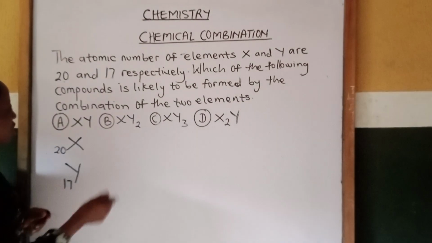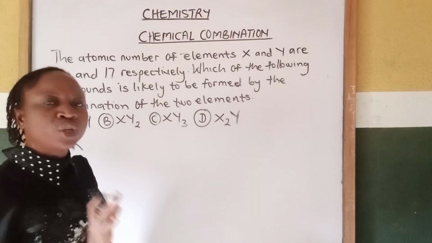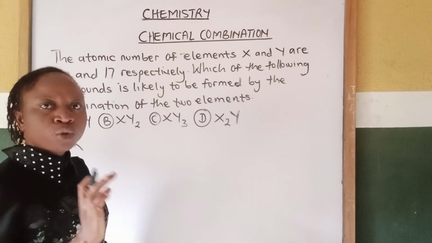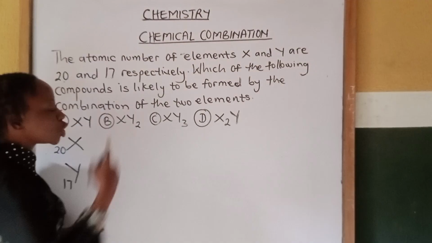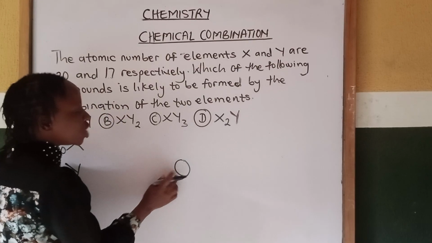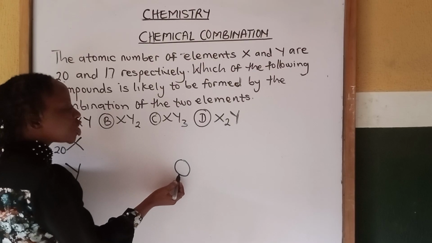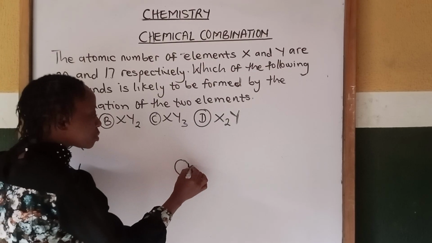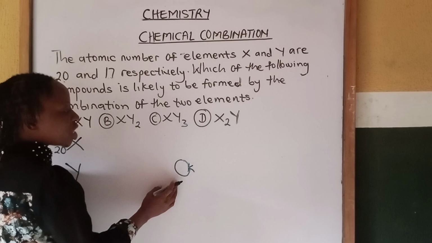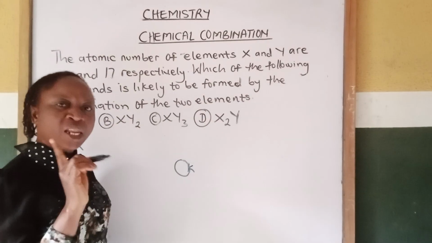So let's proceed. The first thing we need to do is to write their electronic configuration. We should recall that the first electronic shell, this circle is an electronic shell, is called the K shell. The K shell will carry a maximum of 2 electrons.